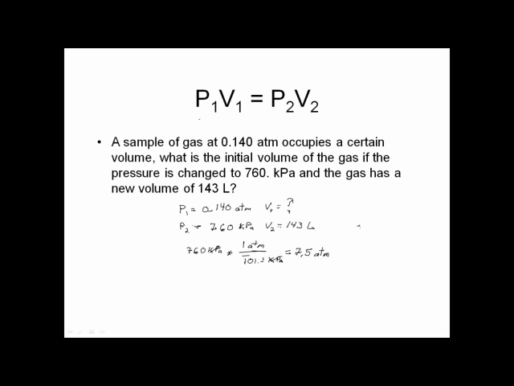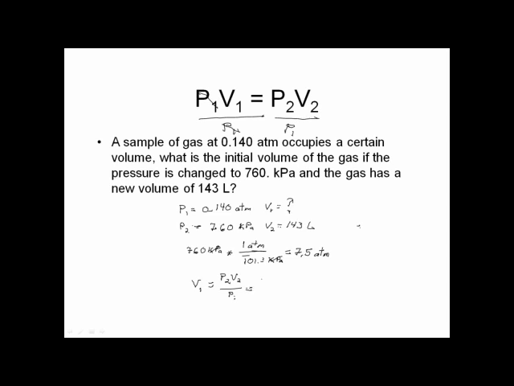If we go back, this is our equation. If we want to solve for V1, we're going to divide both sides by P1. They'll cancel out on this side, and we're left with V1. We call that isolating the variable. We've got V1 equals P2 V2 over P1, and at this point it's just plugging in.